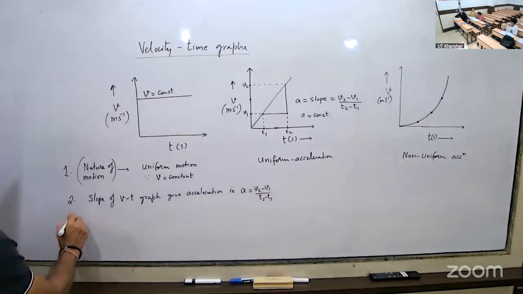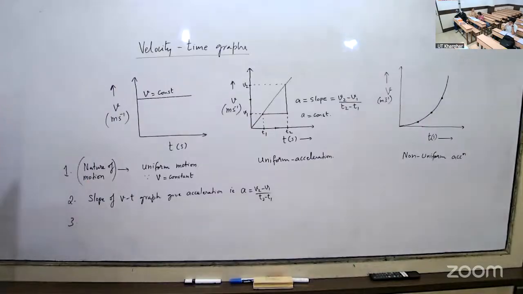It also gives one more thing. What does it give? Area under the VT graph gives the displacement of the body. Okay?